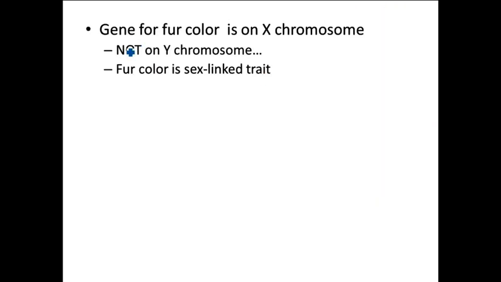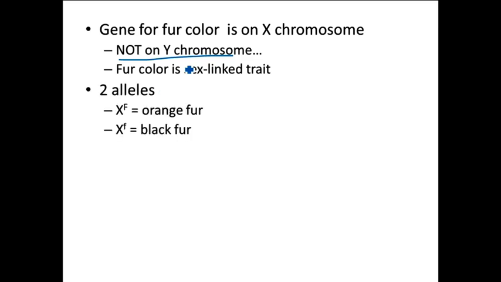The gene for fur color, whether it's orange, black, or calico, is on the X chromosome. That means it is sex-linked, and the gene is on the X chromosome and not on the Y chromosome. If that's not ringing bells, please go back and review the basic genetics lecture where I talked about X-linked or sex-linked traits.